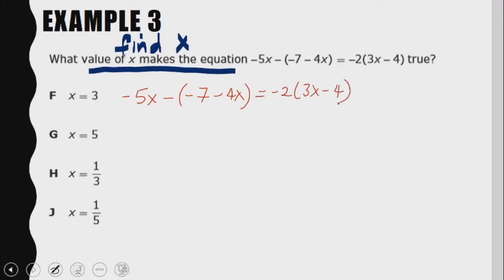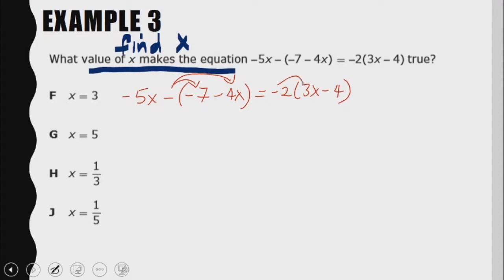So the first thing that we want to do is to distribute. I have told you in previous videos that whenever you have a minus sign before a parenthesis, all you need to do is to distribute the minus, which you can take as negative 1, into the parenthesis.